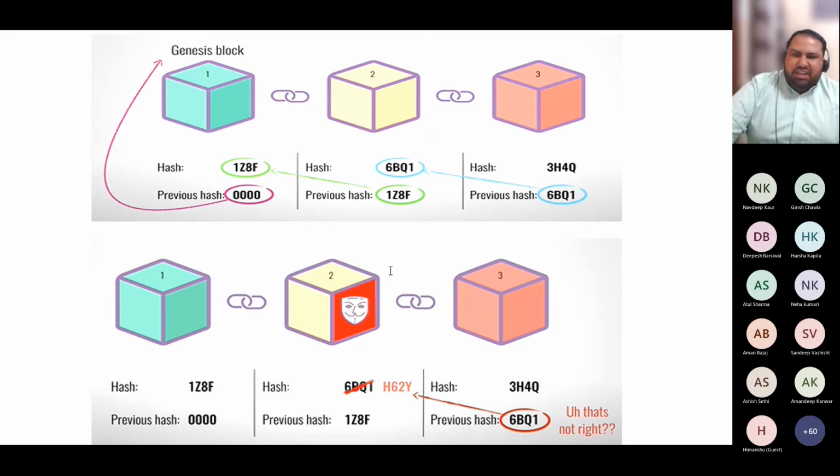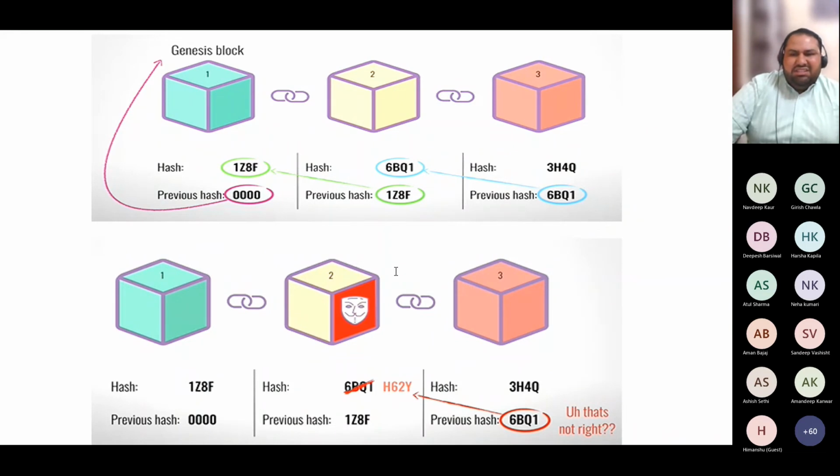This causes the hash of that block to change. In turn, block 3 and all following blocks will get a wrong previous hash value, which makes them invalid. And so changing a single block will make all the following blocks invalid.